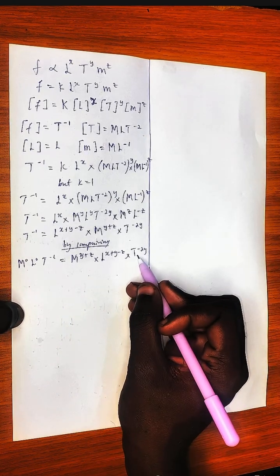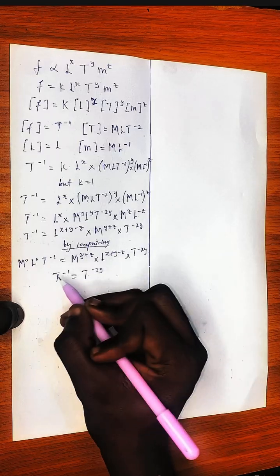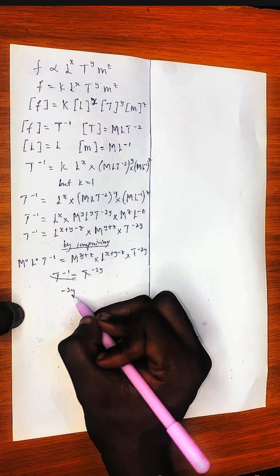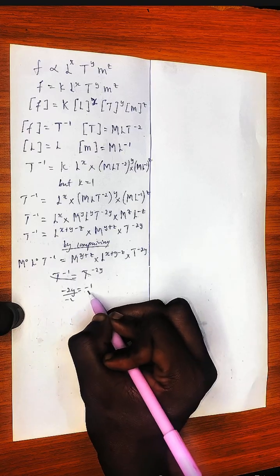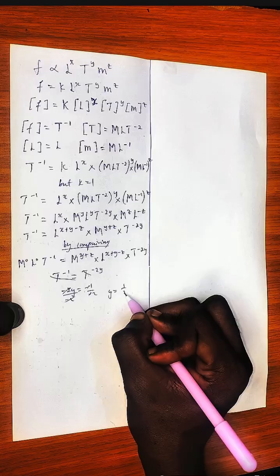So I would start with T. T to the power -1 is T to the power -2y. This and this cancel, so -2y is -1. We divide both sides by -2, so it means y is 1/2.